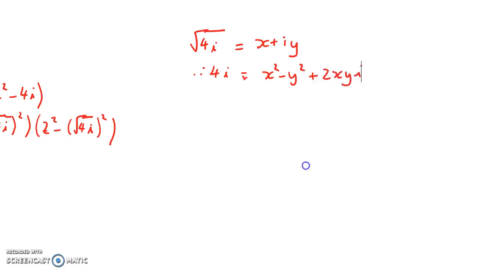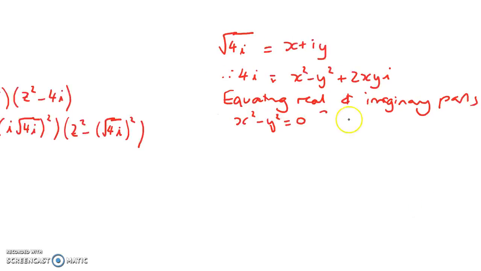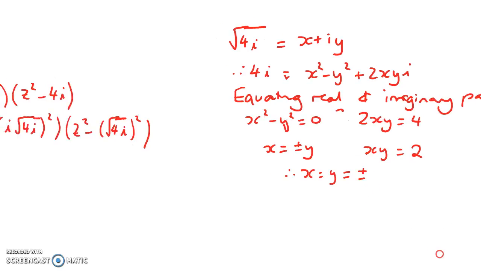Alright, and therefore equating real and imaginary parts, we get x squared minus y squared equals 0, and 2xy equals 4. So from this one we get x is equal to plus or minus y, and xy equals 2. Okay, and so therefore we get x is equal to y, which is equal to plus or minus root 2.